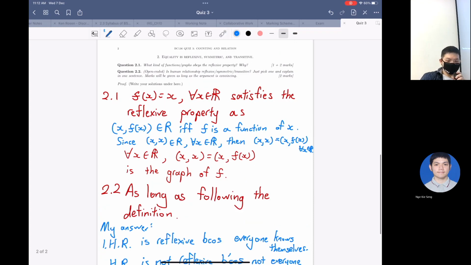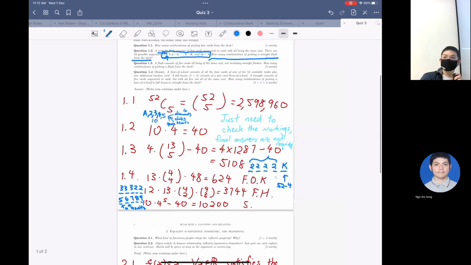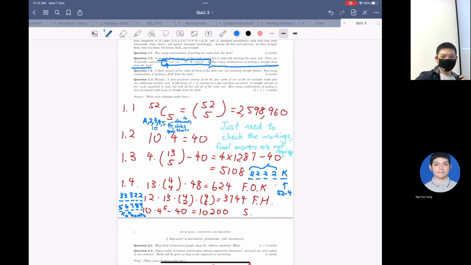Anything on the quiz you want to ask? If not, you can start on the tutorial question. If you want to ask about your mark, you can.